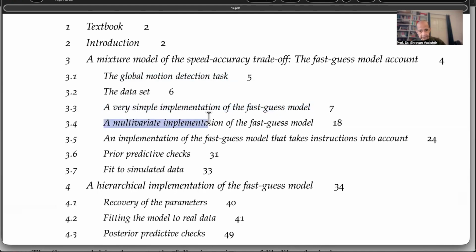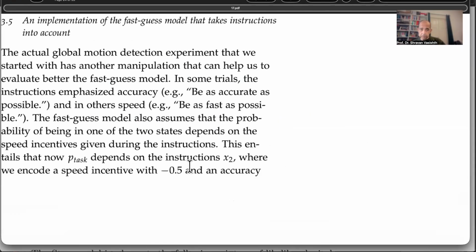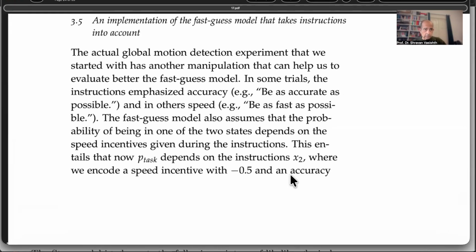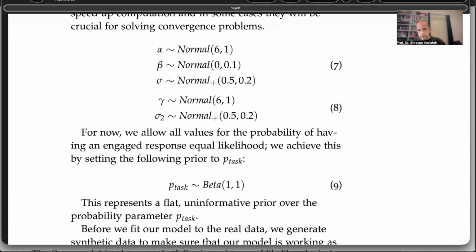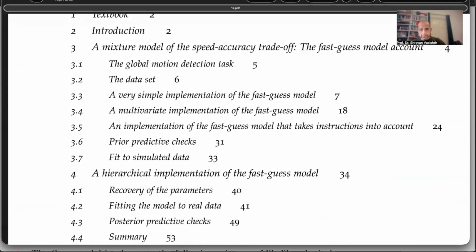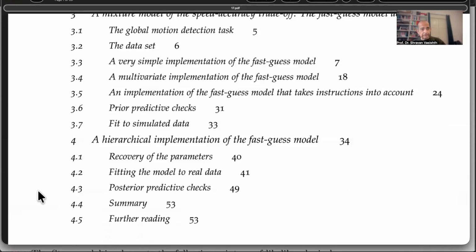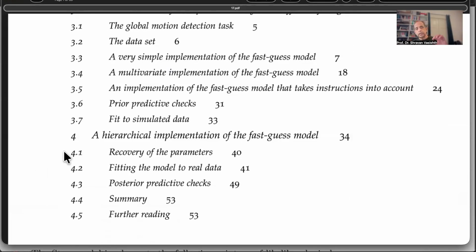Then a multivariate implementation taking reaction times and accuracy into account. And then a multivariate implementation that takes instructions into account. And then finally, we get to the hierarchical implementation of the fast guess model.